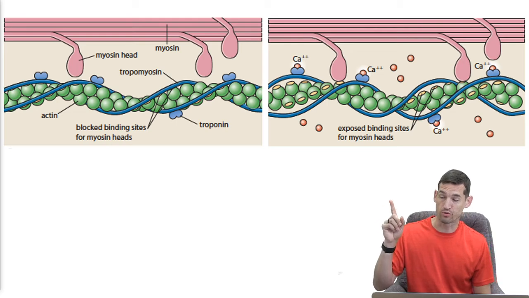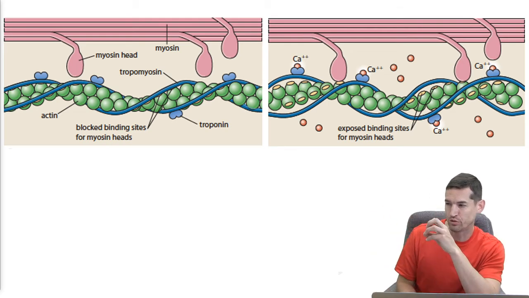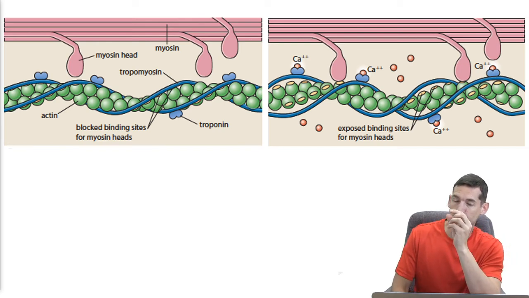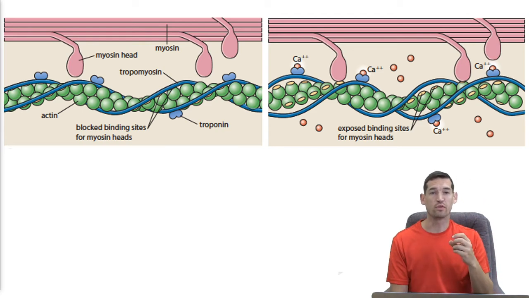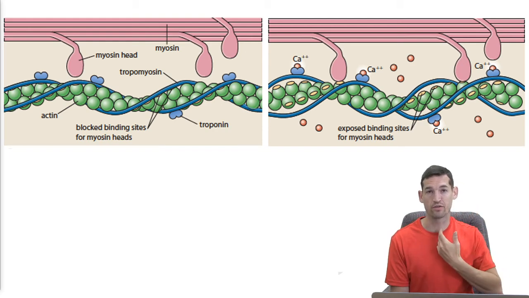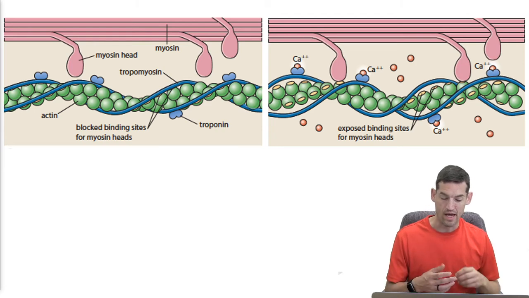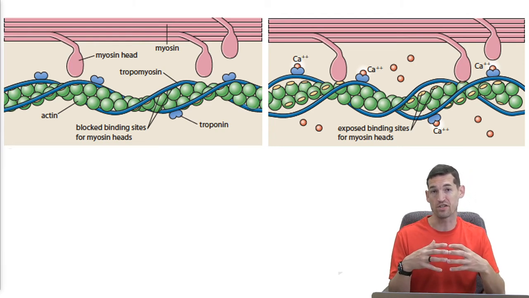Attached to the tropomyosin is the troponin, those little blue heart-looking things that are on there. Those are little calcium receptors. So when your body wants to contract a muscle, the signal goes from your brain, down through your nervous system, through your spinal cord, out to wherever that muscle might be. And it stimulates the sarcoplasmic reticulum, which is storing calcium.